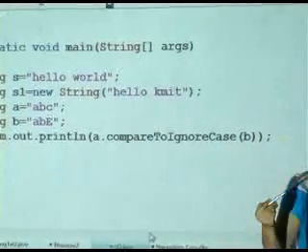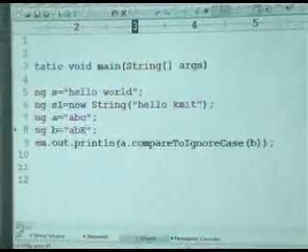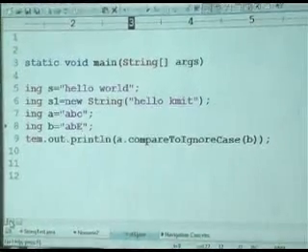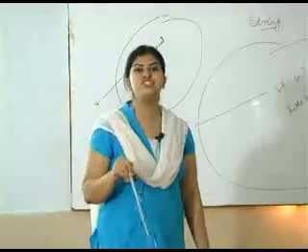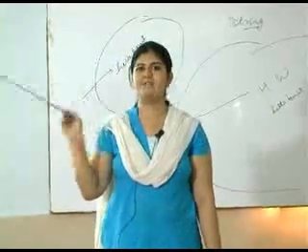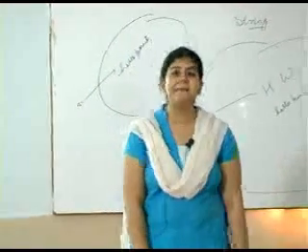So I am subtracting the ASCII value of E from the ASCII value of C, and the result which I am getting is -2, because C is some ASCII value, D and E. If you subtract them, it would always come as -2.